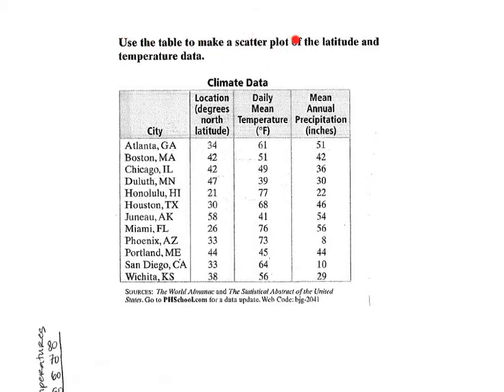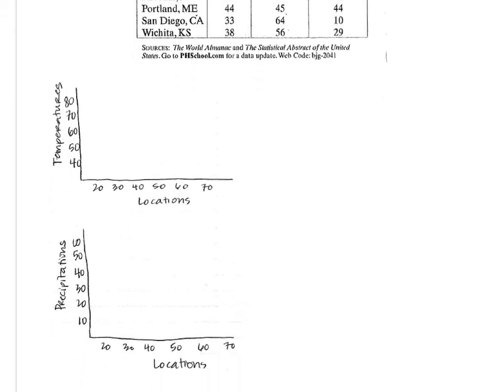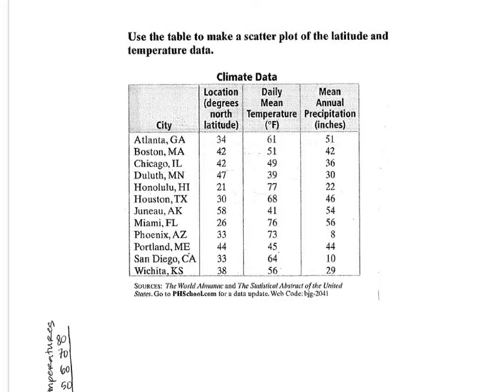Use the table to make a scatter plot of the latitude and temperature. And in fact, we're going to make 2 scatter plots. If you look below, we have 2 scatter plots kind of started. Our x value of both scatter plots is going to be location.